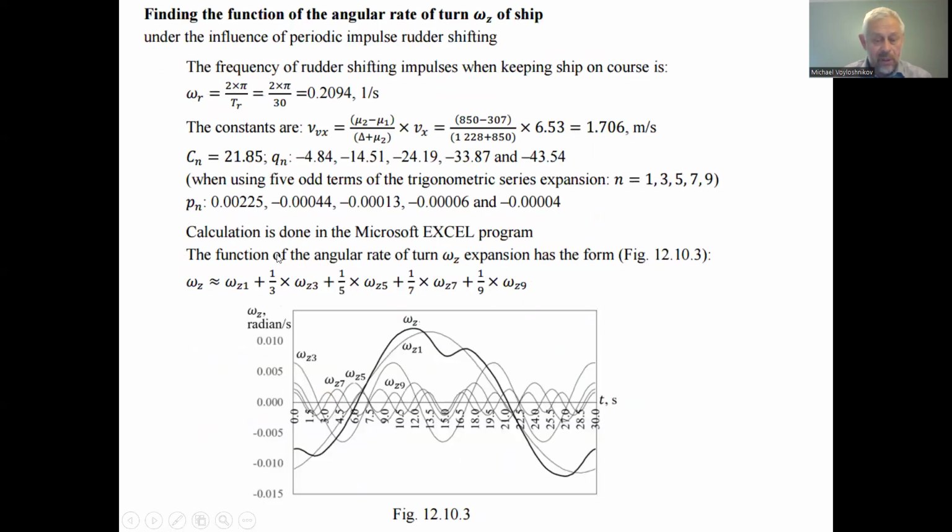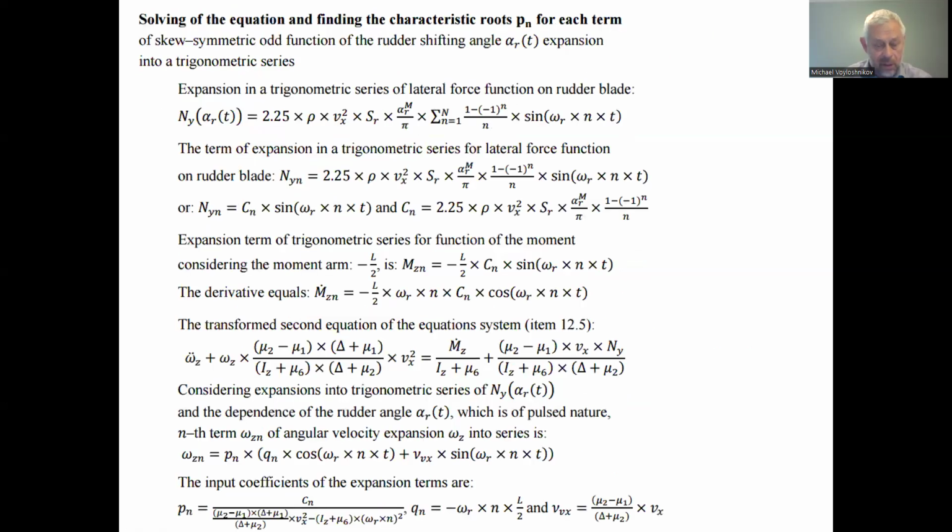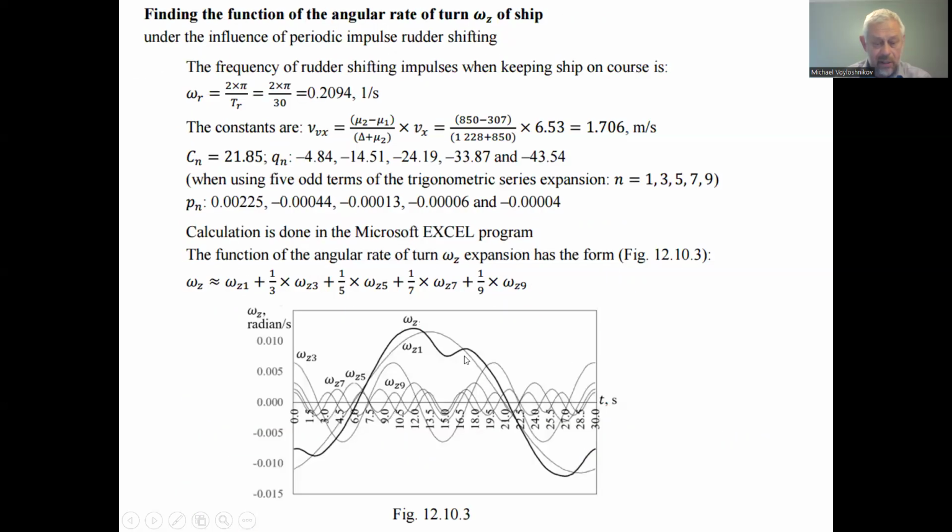When we substitute all this here, using the Excel program, we can find the terms of the expansion of the particular solution of the inhomogeneous equation, when we substitute the control functions on the right side by the expansion, the trigonometric series.